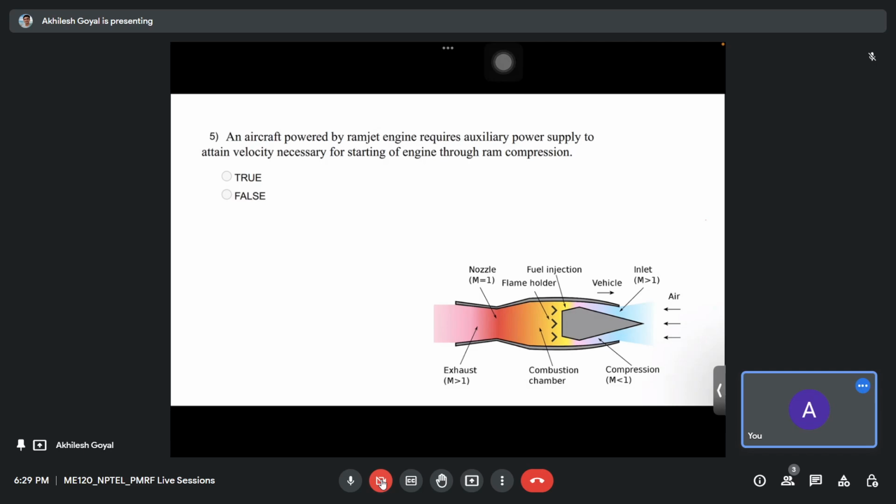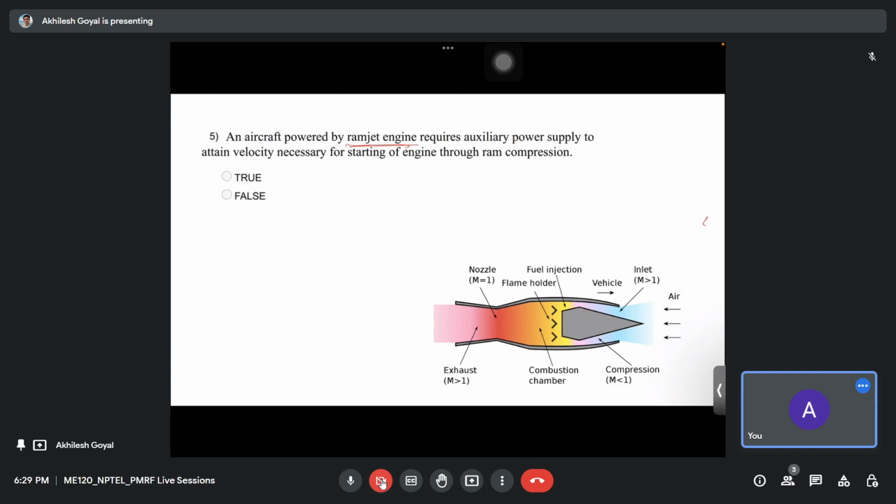Okay. So here the question is being asked about the ramjet engine, and what the ramjet engine is and how it works. A figure is given at the bottom right corner. A ramjet engine doesn't include any fans.